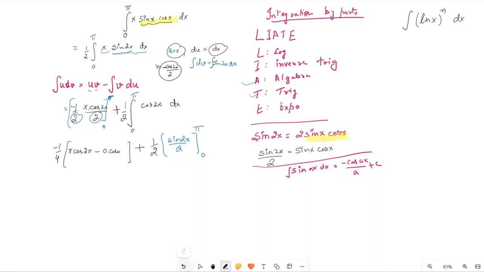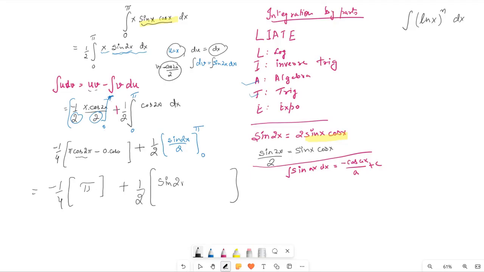Negative 1 by 4. Cosine 2 pi is 1. So that's just pi. And this thing is just 0. Plus half. I need to put the upper limit. So sine 2 pi by 2 minus put 0, sine 0 by 2. This thing is just 0 and this thing is also just 0. So my final answer is negative pi by 4.